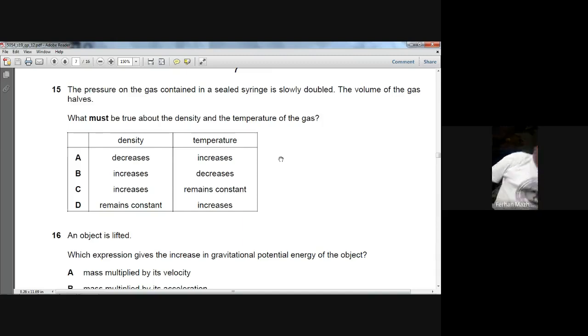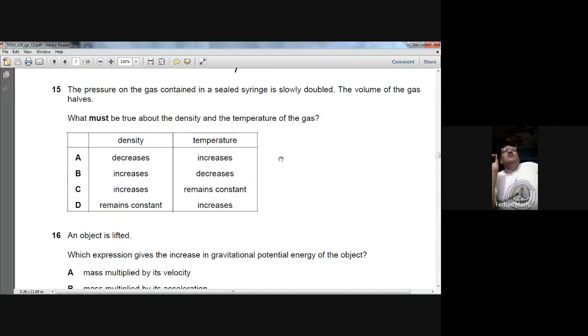The pressure has become doubled. The volume of the gas has become half. What must be true about the density and the temperature of the gas?